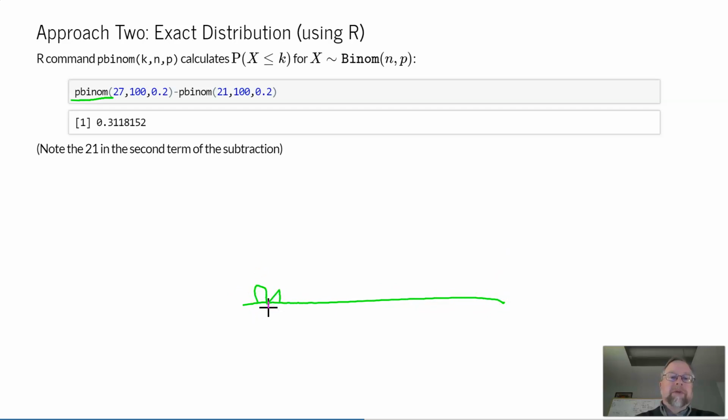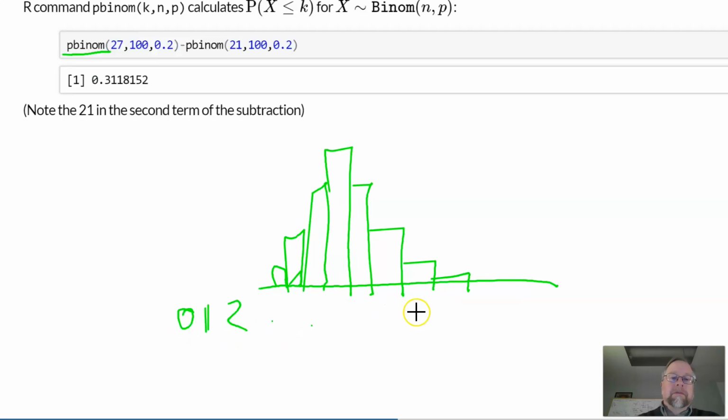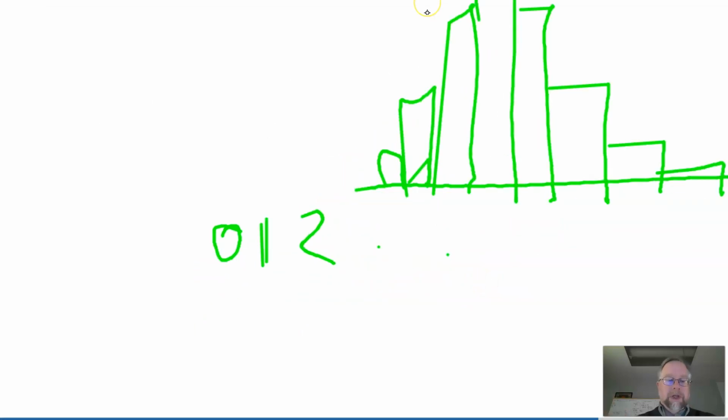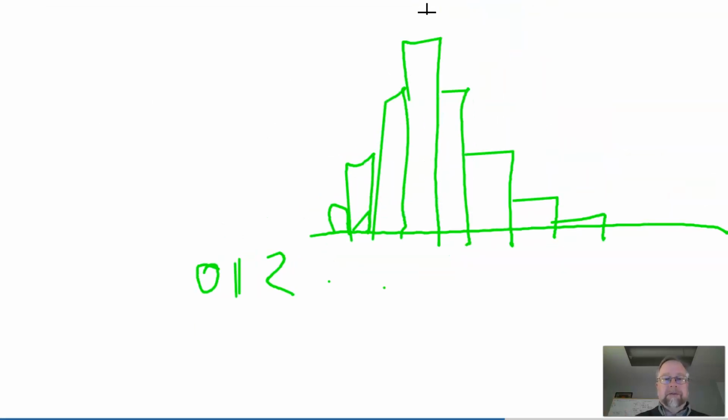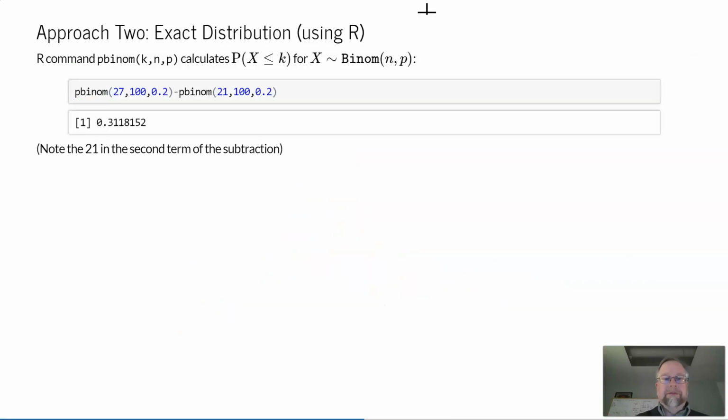So if I had my probability histogram, and I'll show you a nicer one here in just a second. You've got to imagine there's a bunch of numbers here. Wait for it to catch back up to us again.